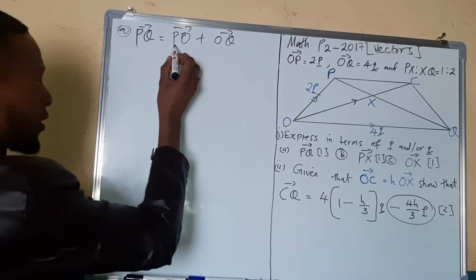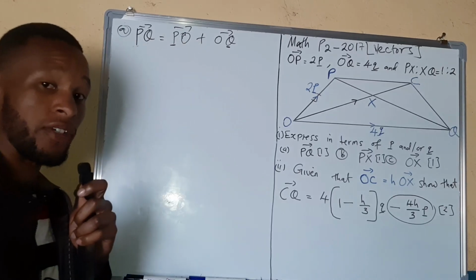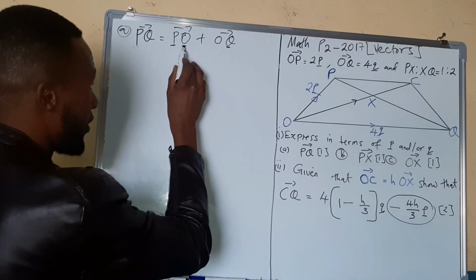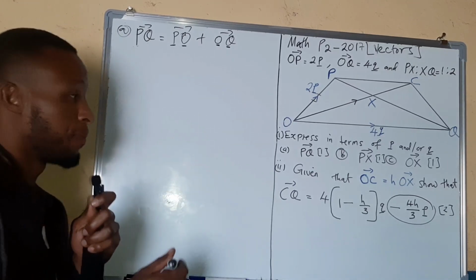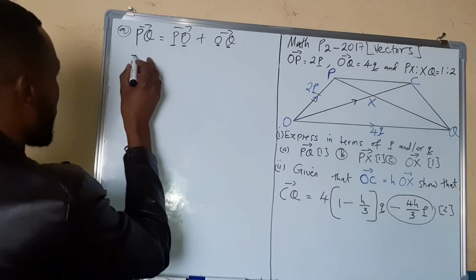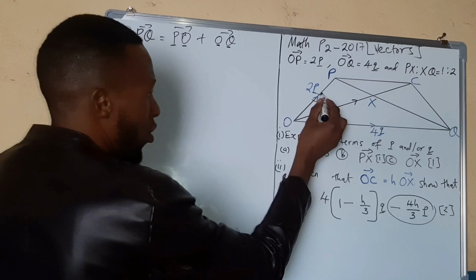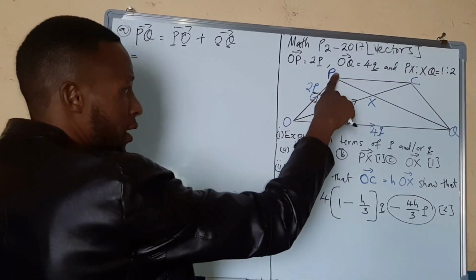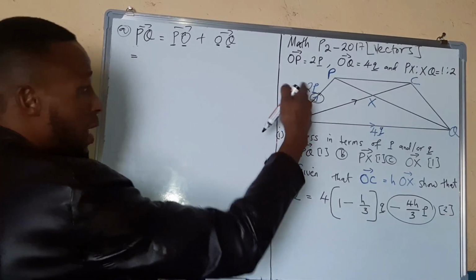plus vector OQ. These are the vectors we are going to use. Notice the first letter and the last letter give us the vector we are trying to find. At the same time, the letter I'm ending at is the letter I start with in the second direction. Let us put the values. We have PO. We are going against the arrow, because what we are given is OP, so it should be a negative.